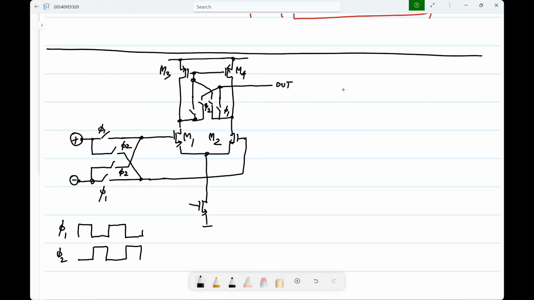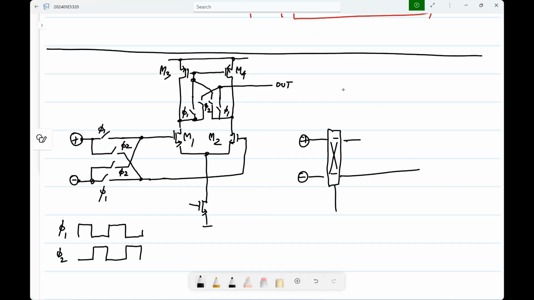So if you just look at it, what happens is when phi 1 is on, M3 is diode connected and output is taken from there. And when phi 2 is on, M4 is diode connected and the output is taken from there. Okay. And typically, because this thing is so messy, once you understand the structure, you have some sort of symbol for it. You just show some crossover switch like this, which is either direct connection or flip connection.